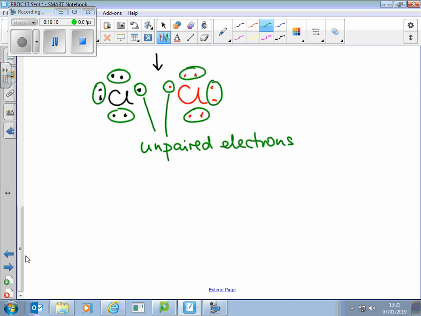Now, the thing about a free radical is how do you write it? And it's actually quite tricky, and I'm not sure that there is a way in Word. But what you would have is what we had up at the top there, where I had Cl2 being broken up into two atoms.